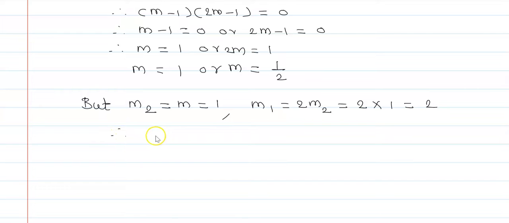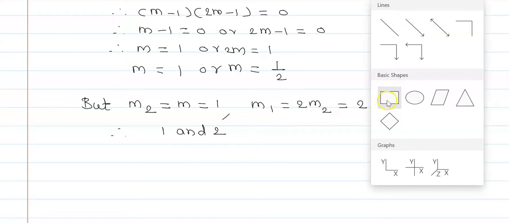Therefore, what is the first pair? The first pair is 1 and 2. This is the first one.